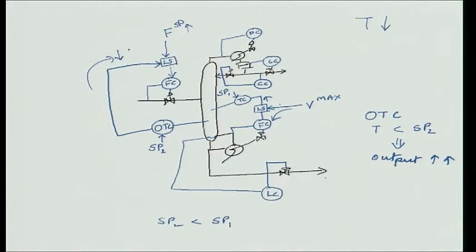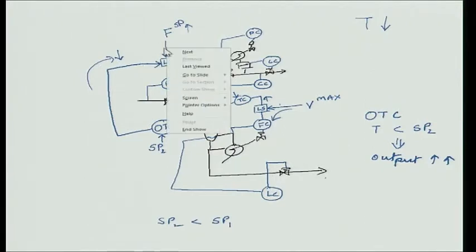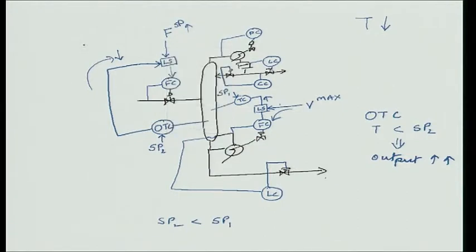As this starts to decrease, ultimately this signal will become lower than the input set point by the operator or by the upstream process. Okay. And then what will happen is, instead of this signal going through, it is this signal that will go through the low select. Okay. So, now my control structure has changed.